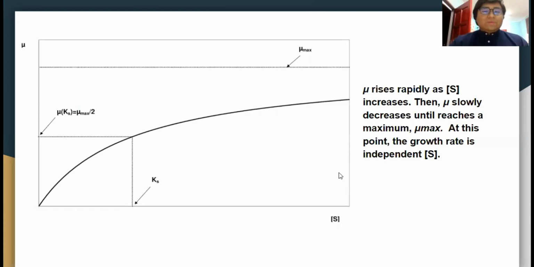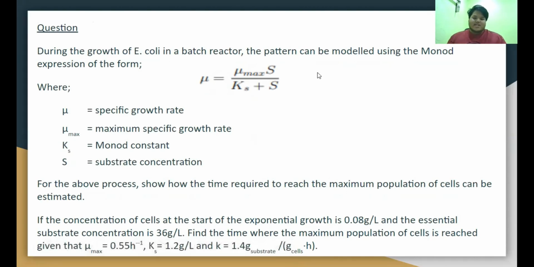Okay, so for the question: during the growth of E. coli in a batch reactor, the pattern can be modeled using the Monod equation. The question asks us to show how the time required to reach the maximum population of cells can be estimated, which means we need to show it without substituting the values.